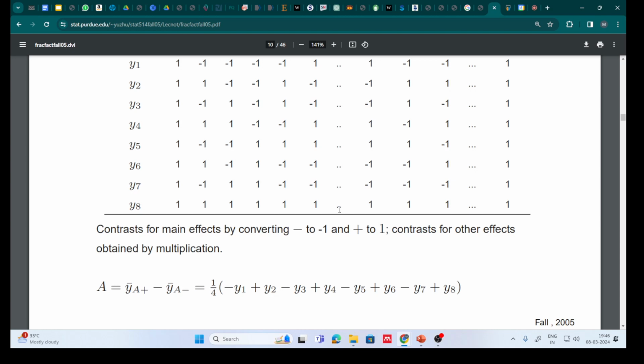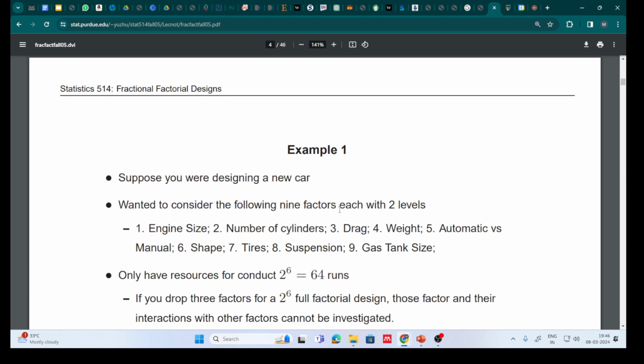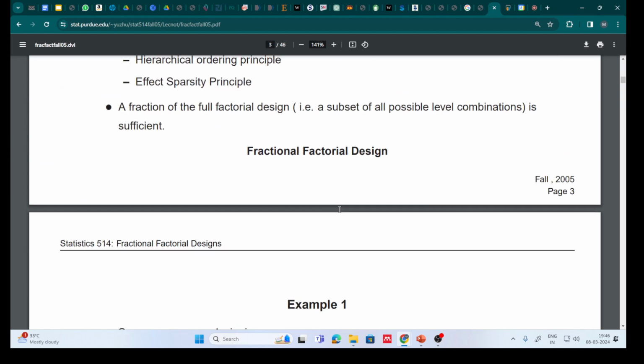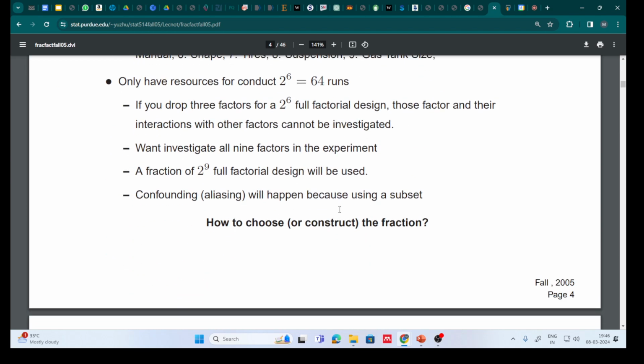A higher order effect will always be less, as I explained in the starting. Higher order interaction will always be less, there will be no influence coming from it.